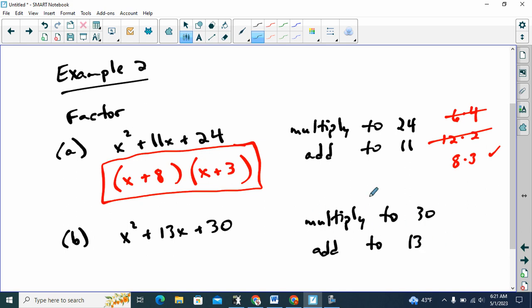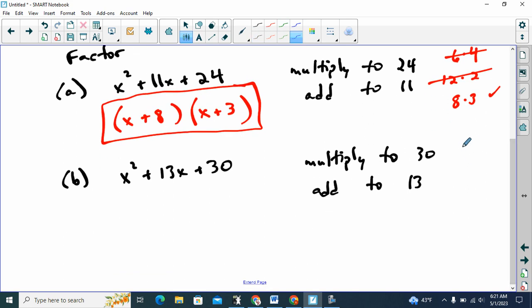Again, always start with the multiply rule. Let's come up with something that multiplies to 30. Anything that multiplies to 30. 6 times 5. 6 times 5 gives us 30. Add them. 6 plus 5 is 11, not 13. And subtract them. 6 minus 5 is 1, not 13. Those are not my numbers.